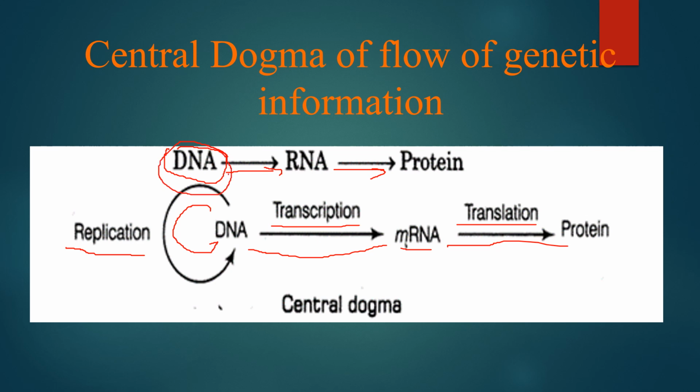Those genes are copied to form an RNA, and that RNA results in synthesis of proteins which are responsible for the tallness of a pea plant. Hence, by the production of this protein, the tall character is expressed in the pea plant. This we call the flow of genetic information.